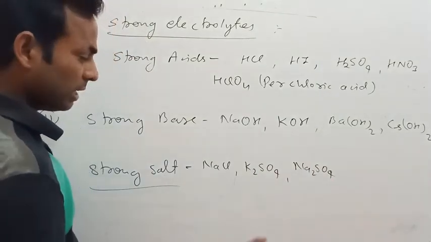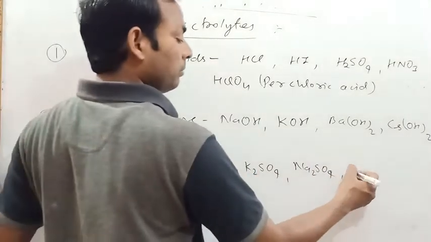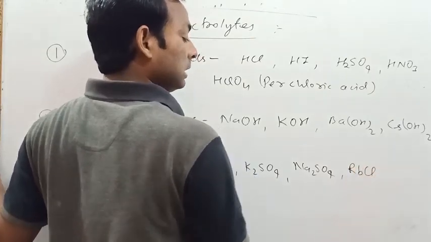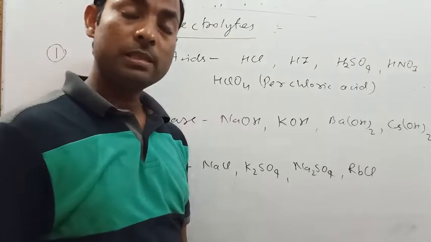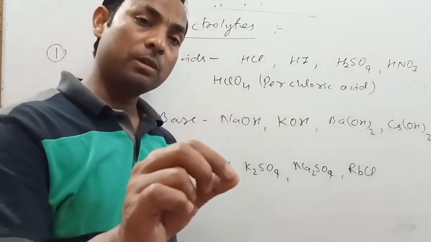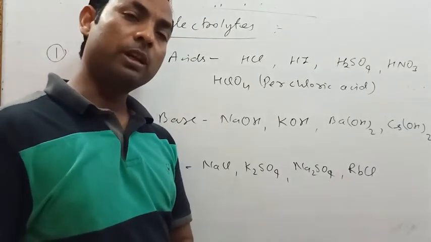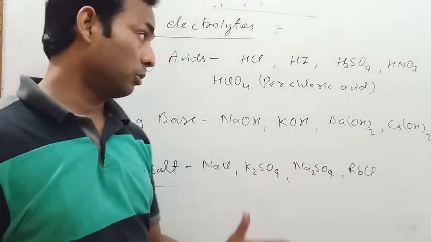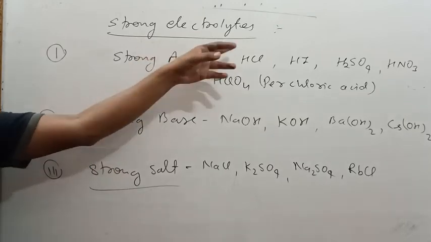We can generally say all the salts of sodium, potassium, rubidium, and cesium are strong salts. Don't forget. So these are three types of strong electrolyte.